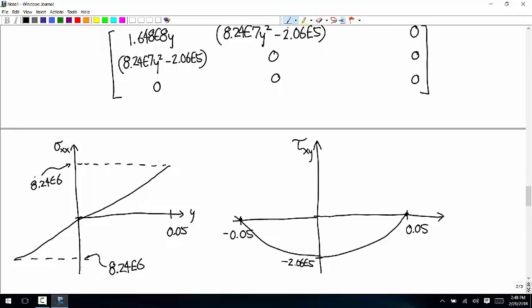How did you get the 8.24 e to the 6? That is just from plugging in 0.05 for y. Oh, for this one, that's plugging 0.05 in for the x-axis equation.